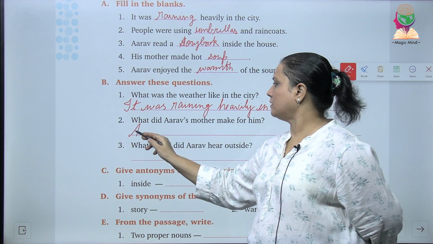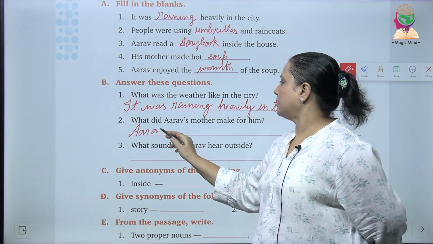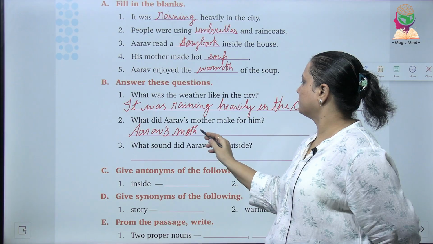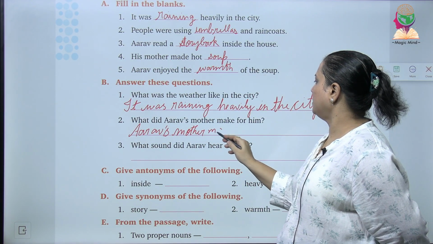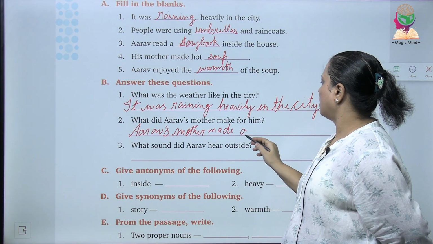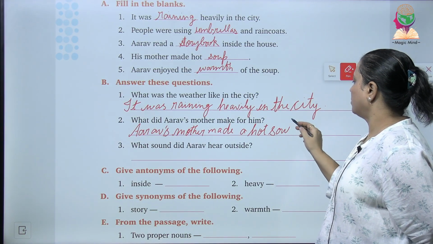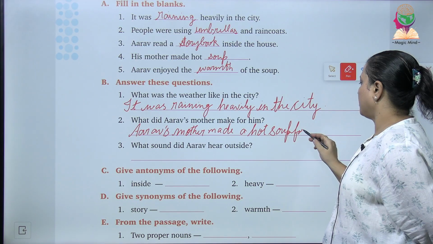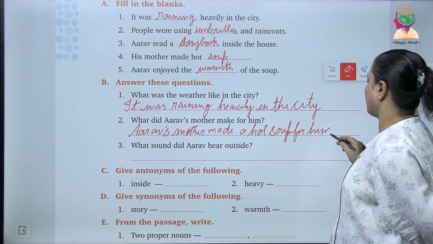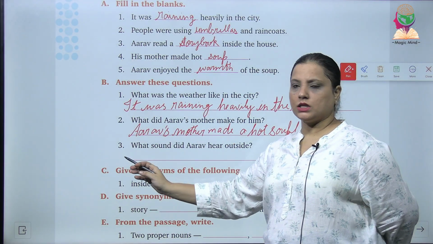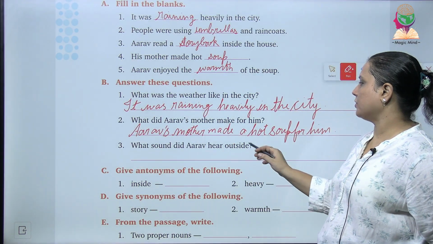Then the next question, what did Arav's mother make for him? You will write here, Arav's mother made a hot soup for him. Then a full stop. The third question says, what sound did Arav hear outside?